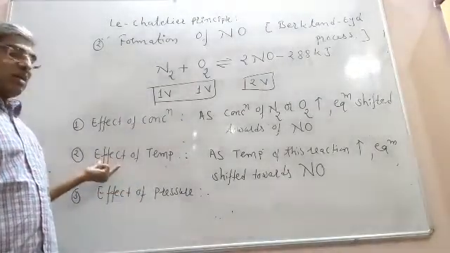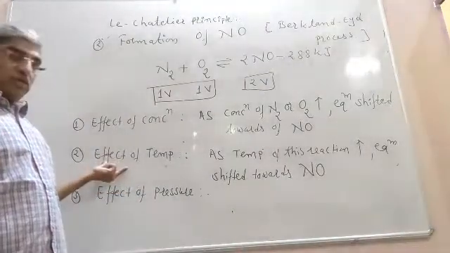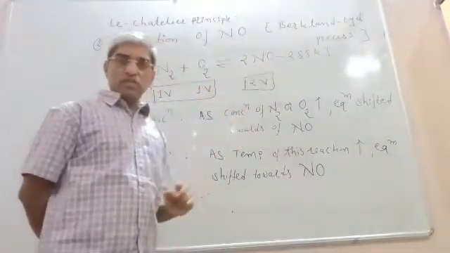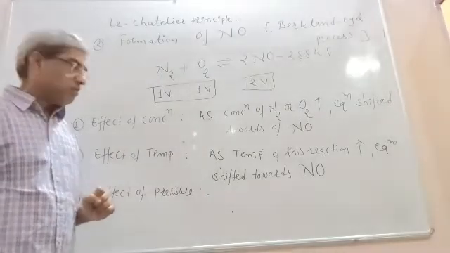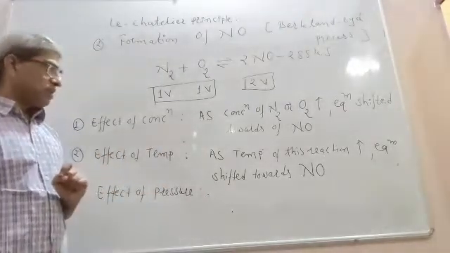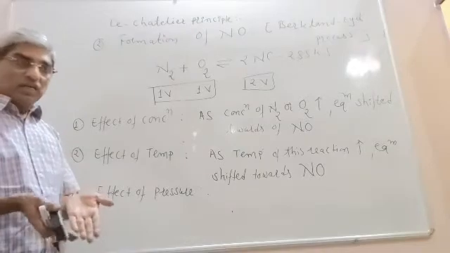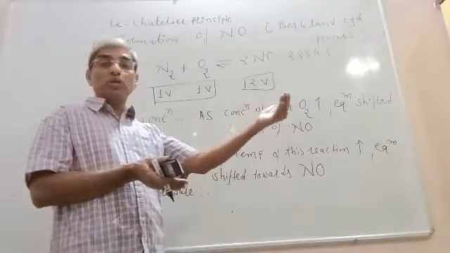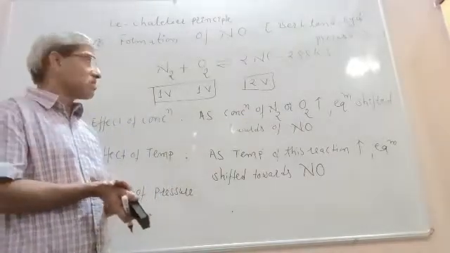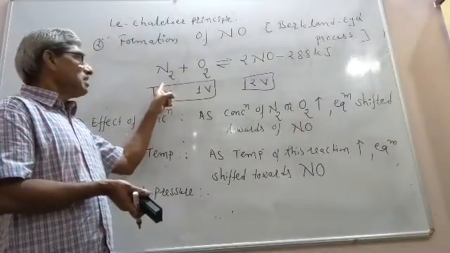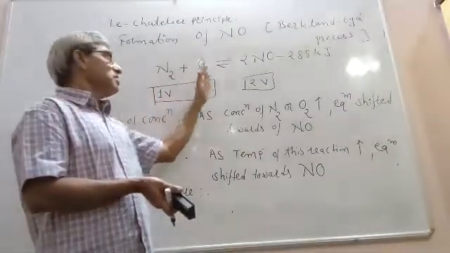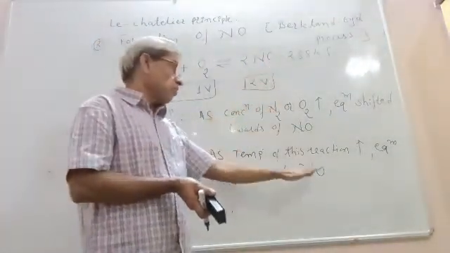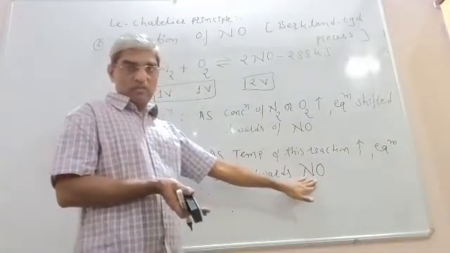Now, second factor, effect of temperature. As the formation of NO is an endothermic reaction, increase in temperature will shift toward that direction where endothermic reaction takes place, and that's why by increasing the temperature of this reaction, the equilibrium shifts towards NO, and more amount of NO is obtained. Right?